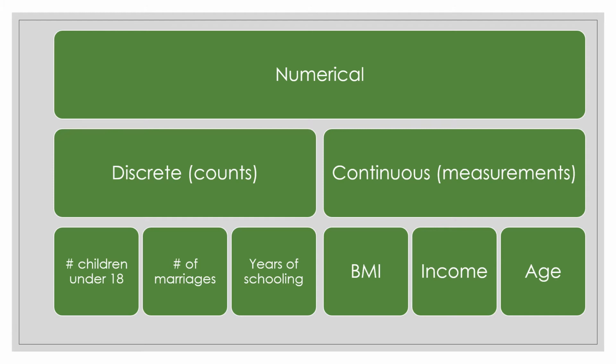And as you can see from these three examples, there's no fraction involved. There's counting involved. We can count the number of kids, we can count marriages, but there's no such thing as half marriages, or a quarter of kids, or 3/4 years of schooling.